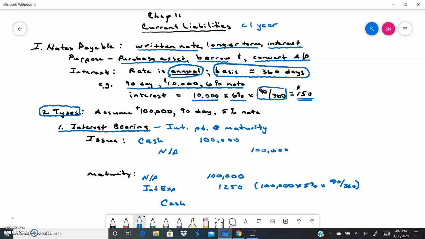And so our total amount of cash to pay off both the principal or the note plus the interest would be $101,250. So those would be the entries for both the issuance of the note when we borrowed the money and the maturity when we paid the note off.